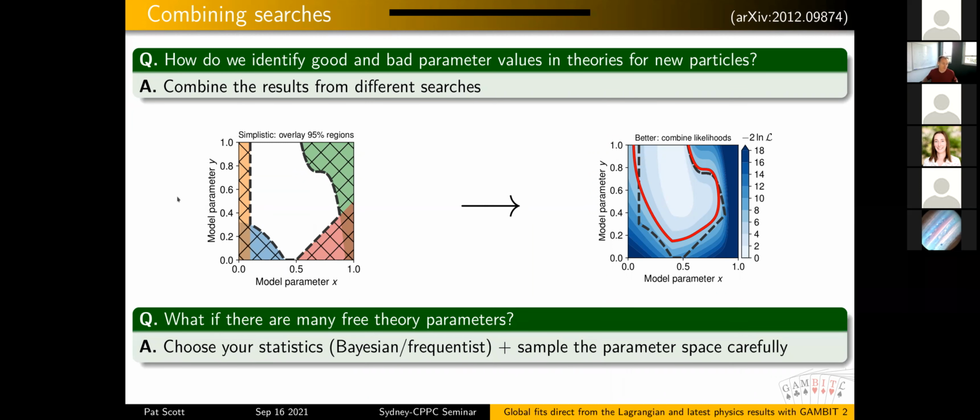So what if you've got lots of free theory parameters? This sort of setup that I've shown you here works really nicely when you've only got 2 parameters. I can just draw it all in a plane. If you've got a lot of additional free parameters, you really need to start doing a detailed statistical comparison and careful sampling. So you need to choose a statistical framework, either Bayesian or frequentist statistics, and then sample the parameter space carefully according to the requirements of that particular framework.